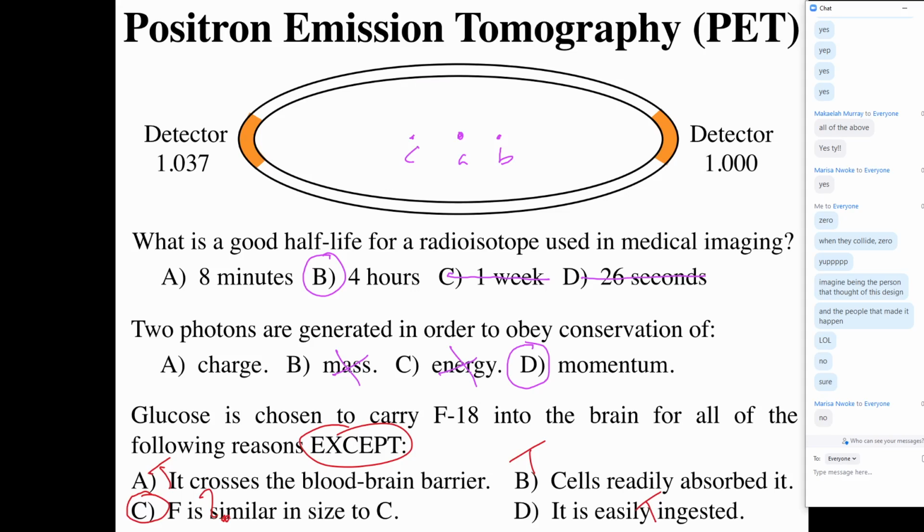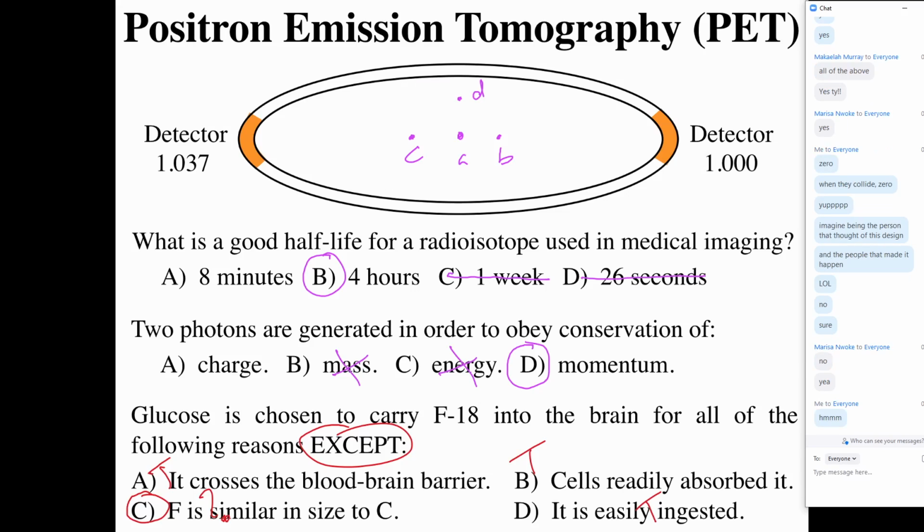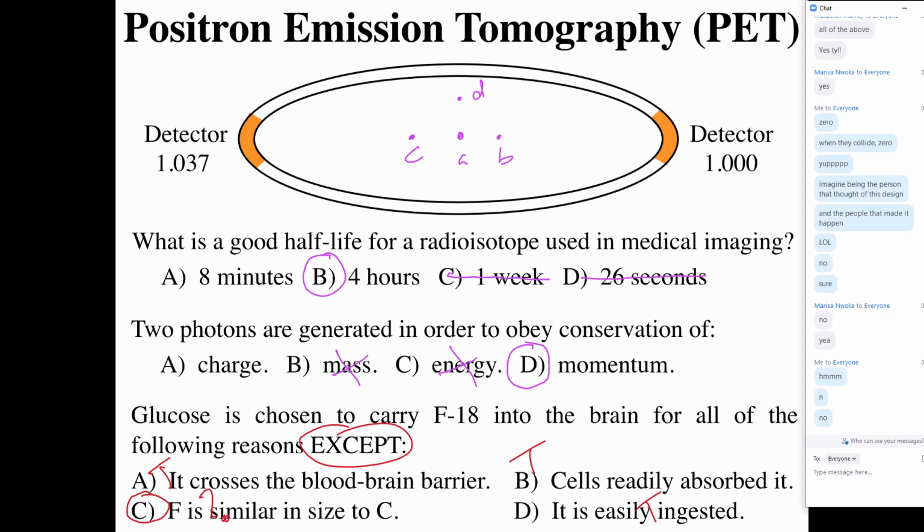Keep on telling me no. What about C? Maybe. What about D? What is the best answer? Why are you voting on C?